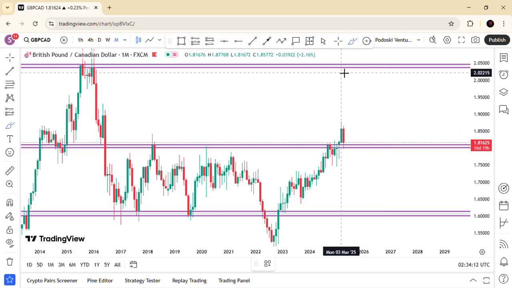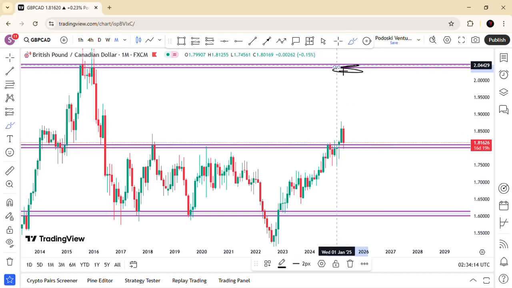On GBP/CAD, I have my monthly upper zone, my monthly midway zone, and my monthly lower zone. And on GBP/CAD, we are looking at an uptrend.